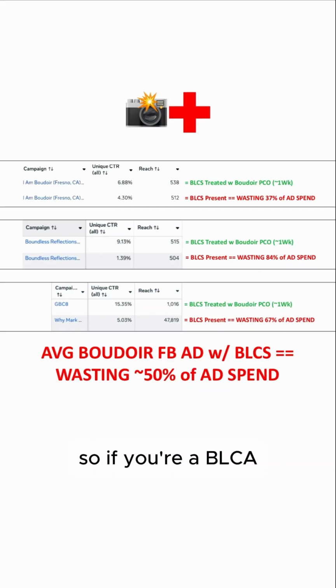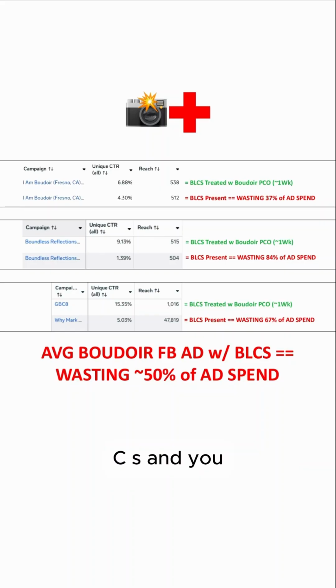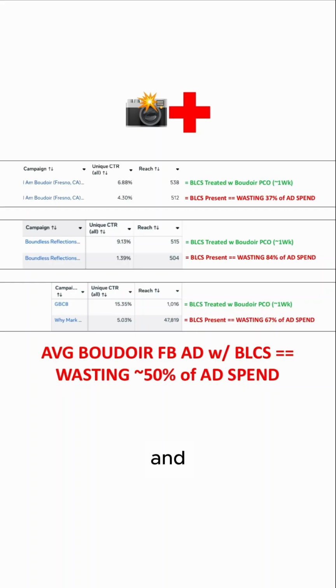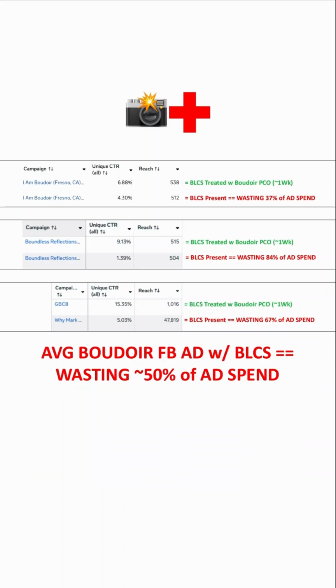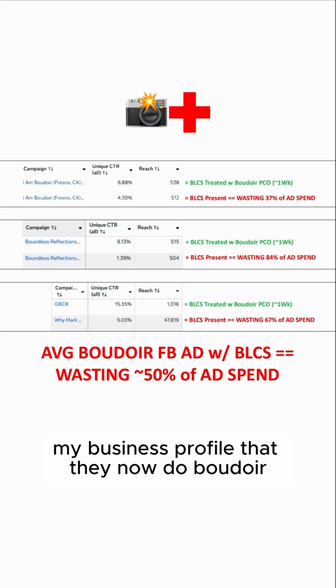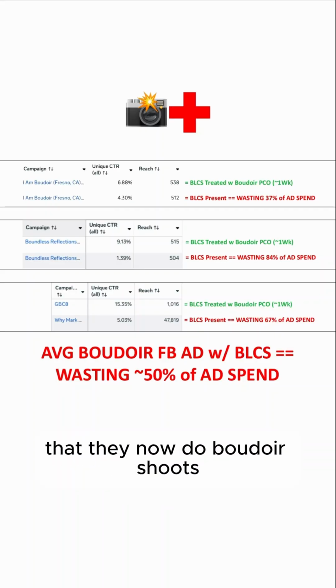So if you're a BLCA with BLCS, so a Boudoir low-click advertiser with BLCS, and you're spending more than 10 grand a month on Boudoir Facebook ads, and you're seeing the market get more saturated with more boudoir photographers. Anytime someone gets a new iPhone, they're throwing out their Google My Business profile that they now do boudoir, or they get a new camera and they're posting in the mom groups that they now do boudoir shoots.